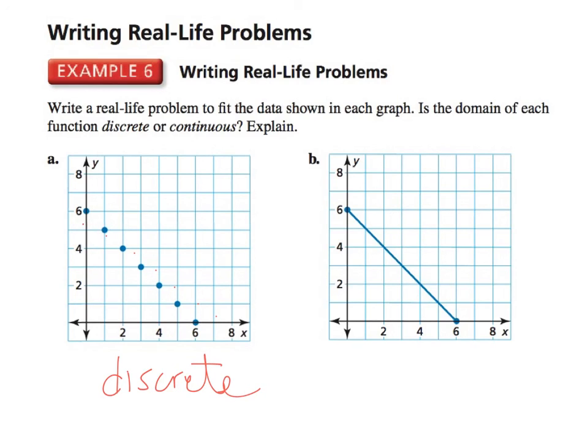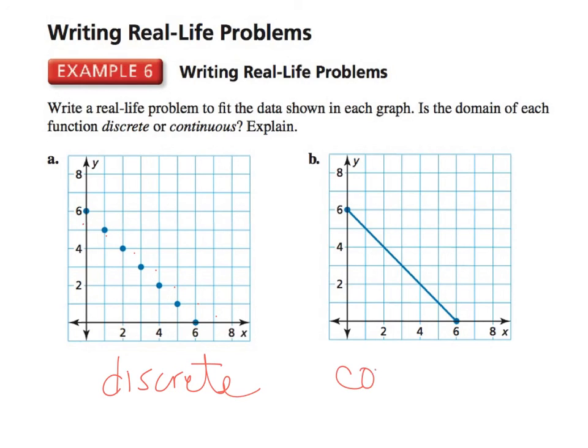Each coin will be purchased by one of 2 people. Because it is not possible to purchase part of a coin, the domain is discrete. So let's say 0, this person doesn't buy any coins, this person buys all 6. This person buys 1 coin, that means this person buys 5. This person buys 2 coins, this person buys 4. Since you can't have part of a coin, it's discrete.